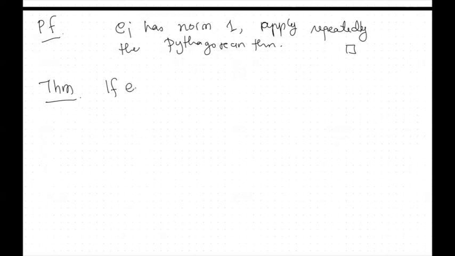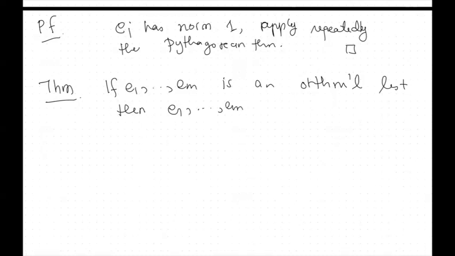If e_1 to e_m is an orthonormal list, then e_1 to e_m is linearly independent.